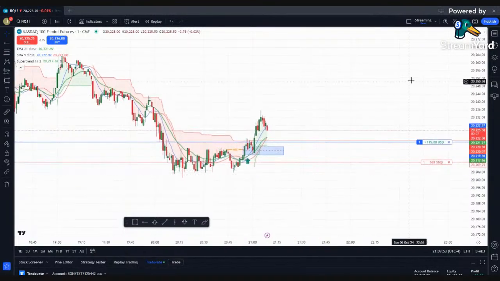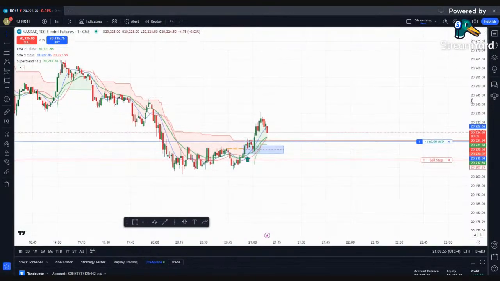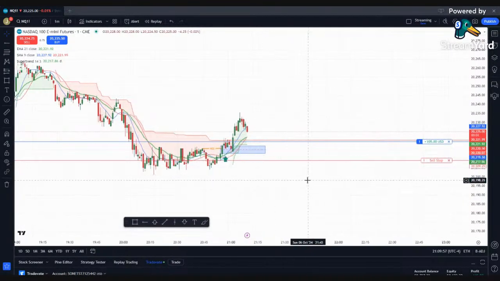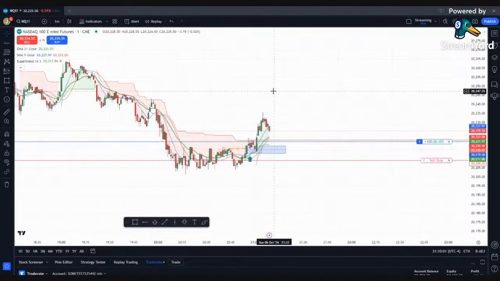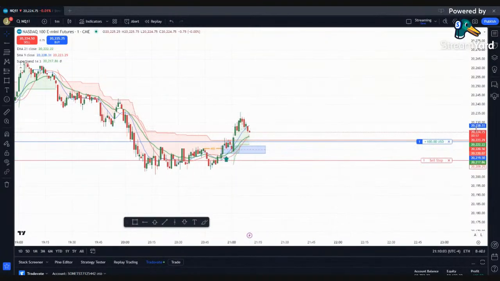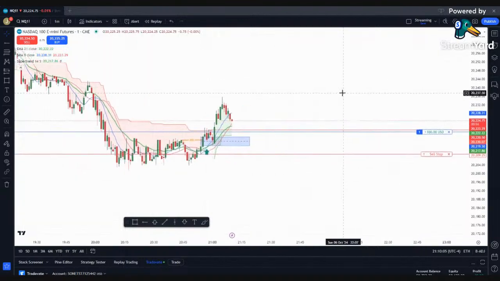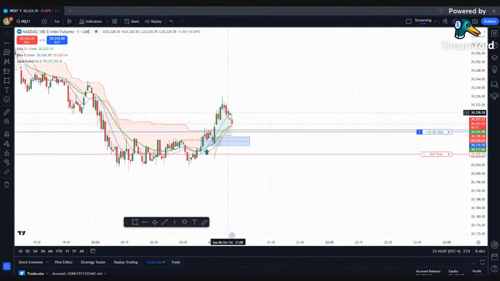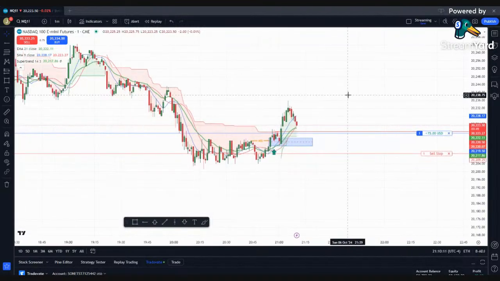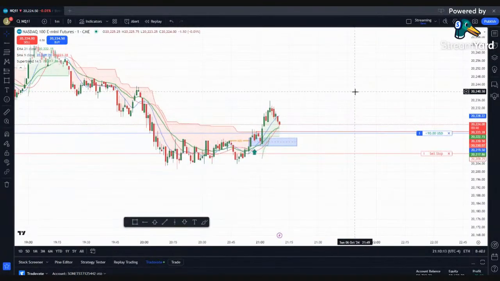Okay, now we are on this market. We're early. The market is still early. The movement is still early for a reversal, and maybe once I see this blue line cross the red line, maybe I will exit my entry because this is scalping.